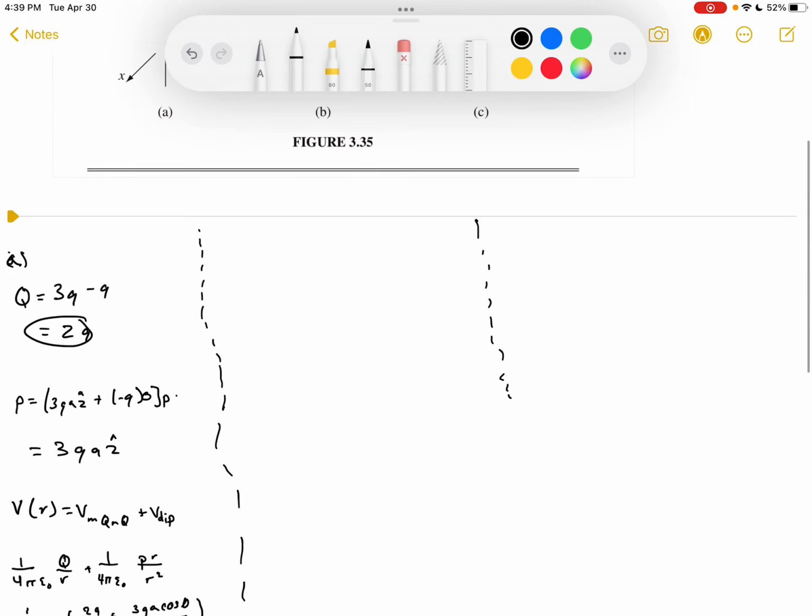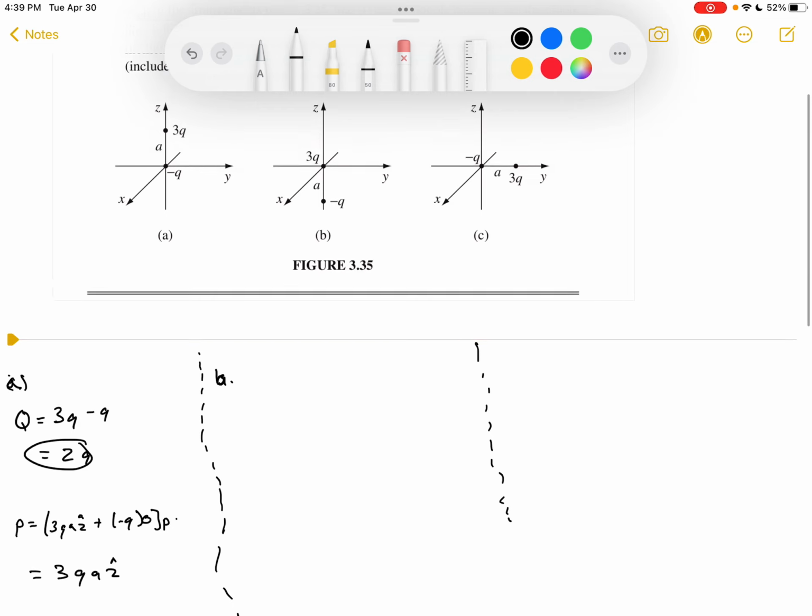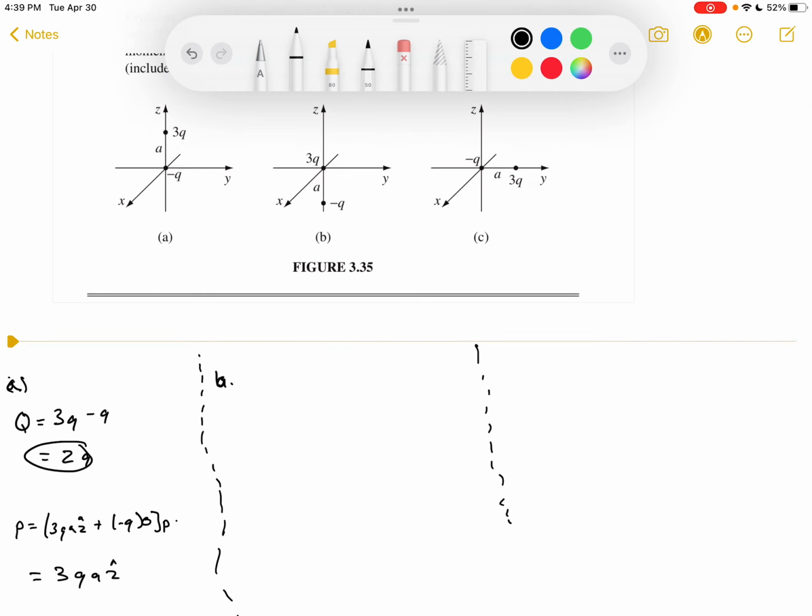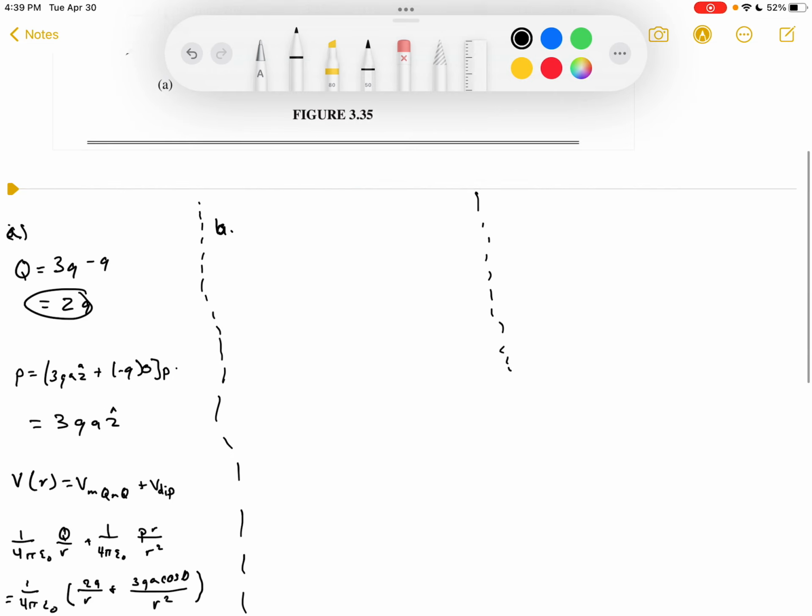You just want to repeat the same steps for B. So again, we got two charges, same axis, z axis. So my monopole moment is just going to be 3q minus q, so that would just equal 2q.